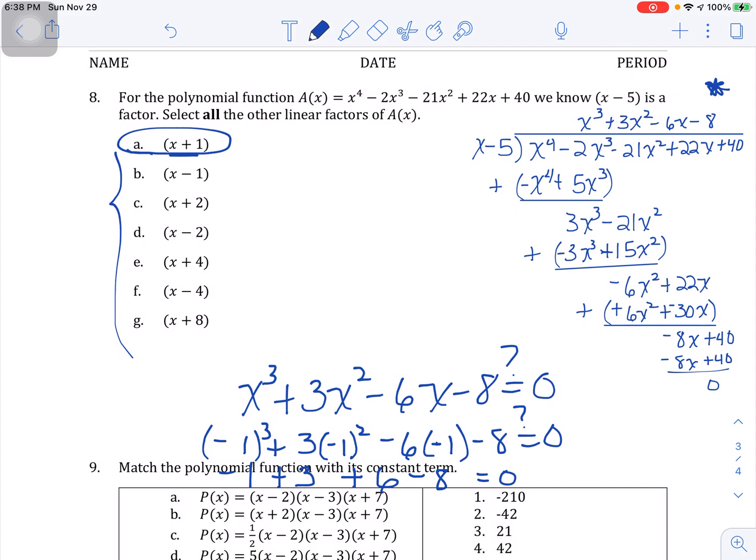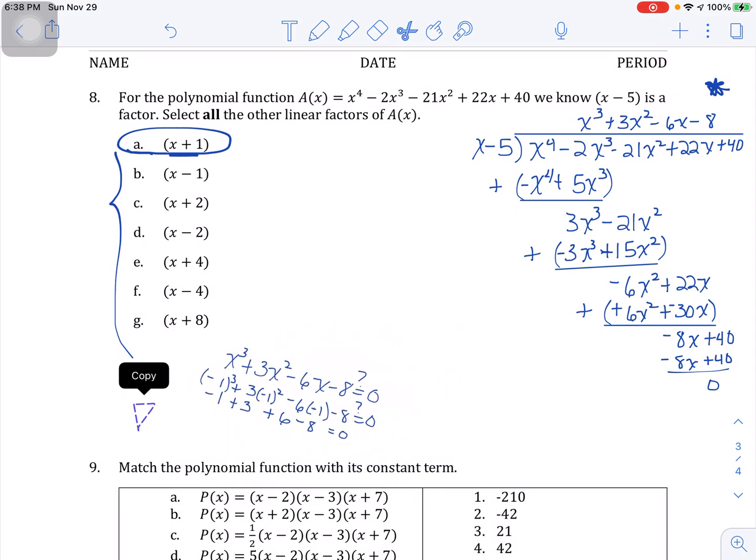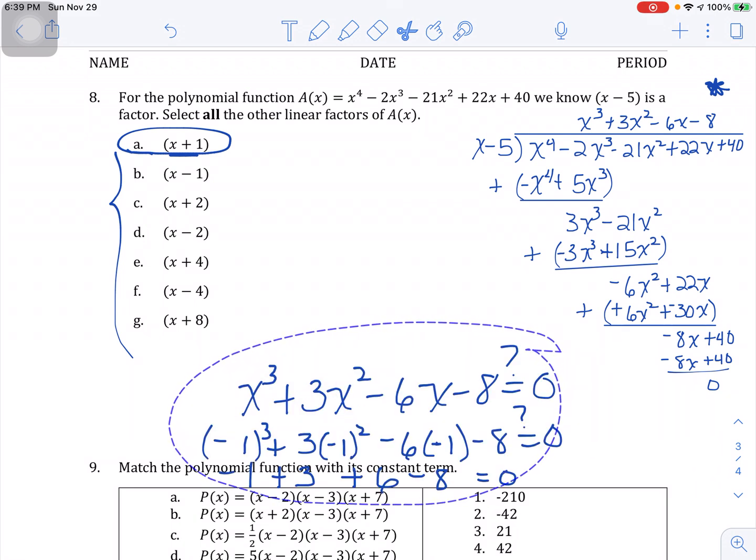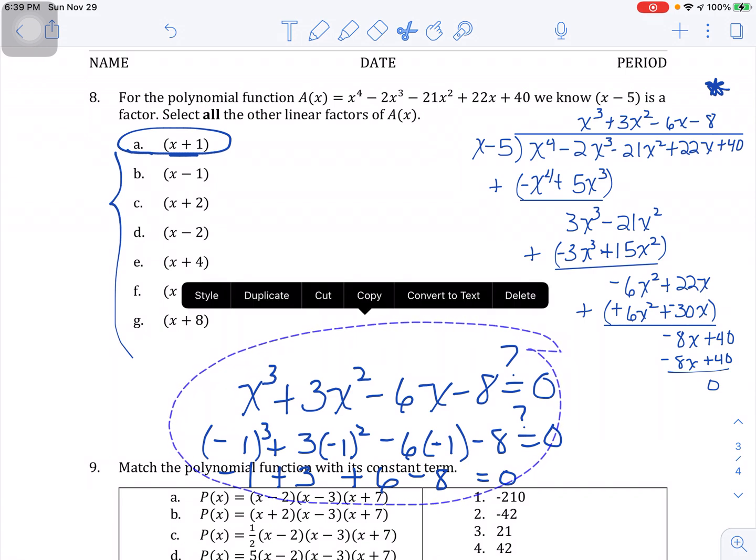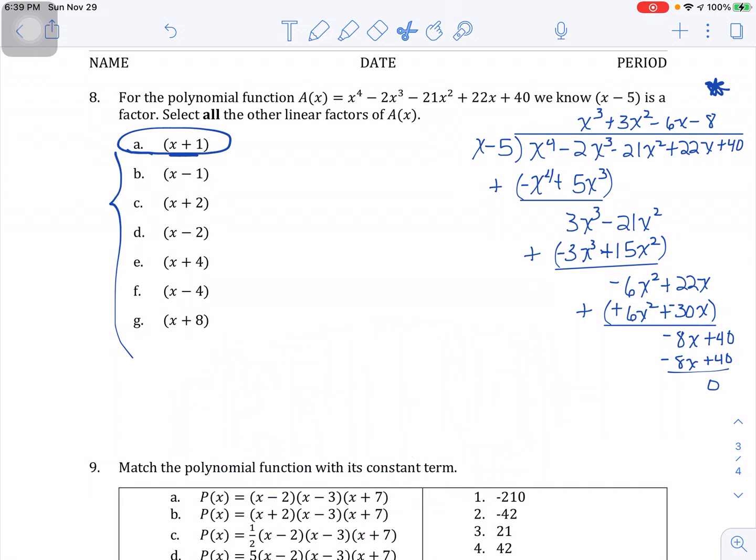So what we could do with this then, let's save this off over here. We could divide that out again. I don't think I need this actually, so let's just cut it.